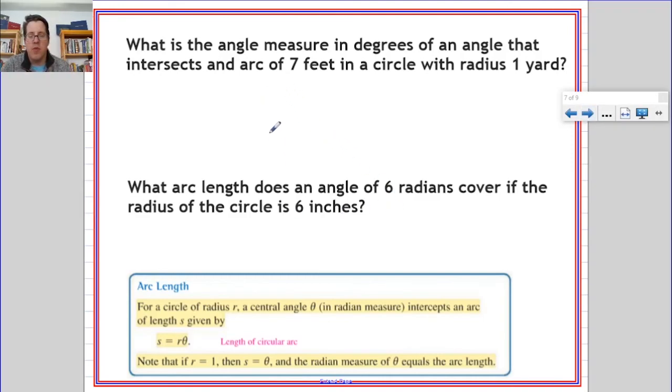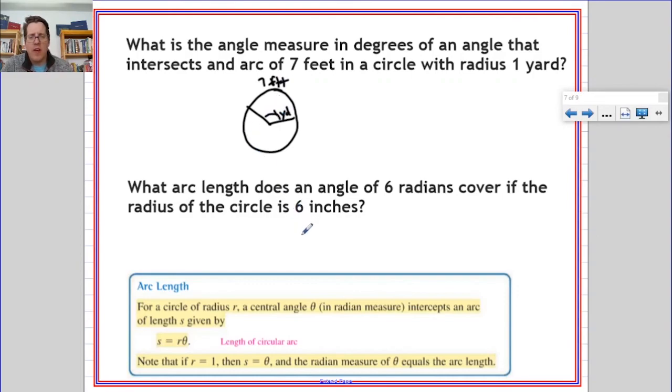So for example, here's roughly a circle. If this is 1 yard, then what would 7 feet, what angle would that be?